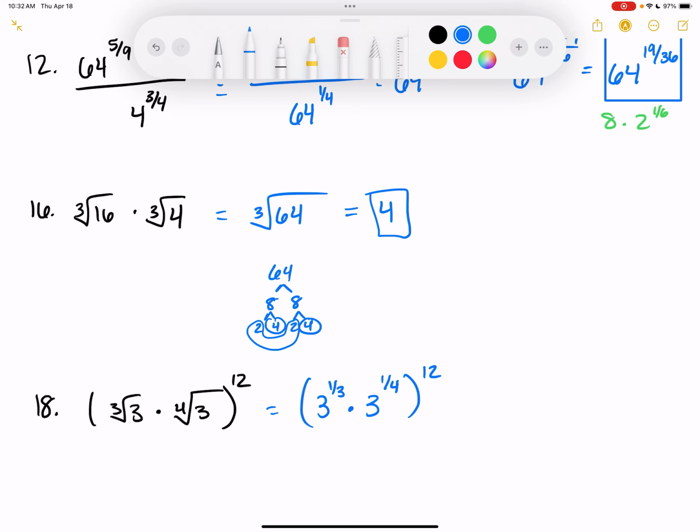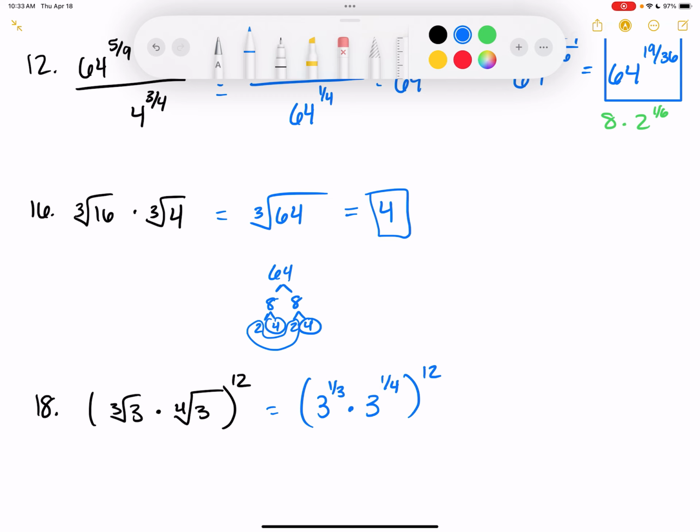There are two different ways you can go about doing this at this point. You can do normal PEMDAS, combining the stuff in parentheses first by adding the exponents together, but then you need a common denominator to add them, which obviously isn't hard, and then raise it all to the 12th power.